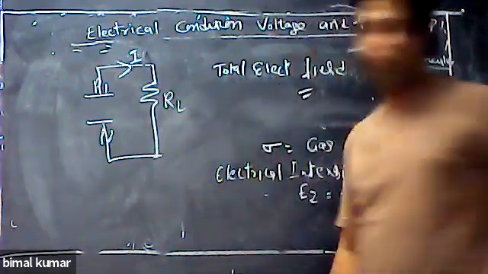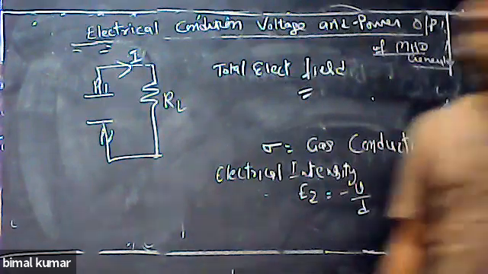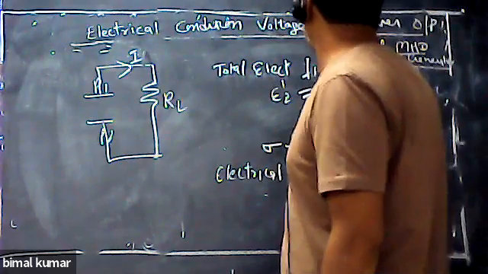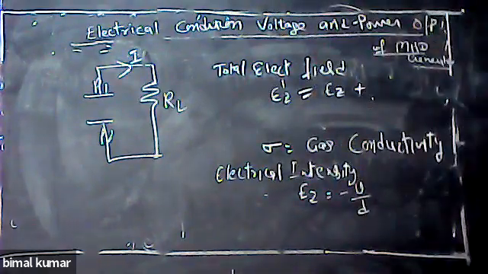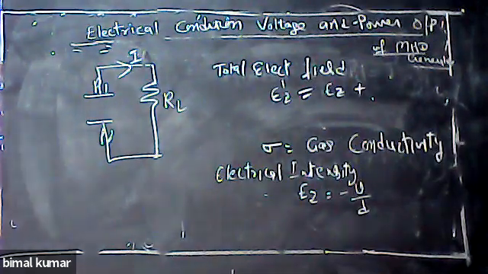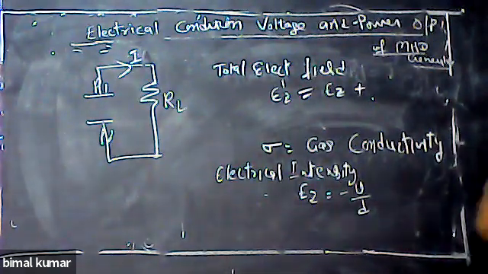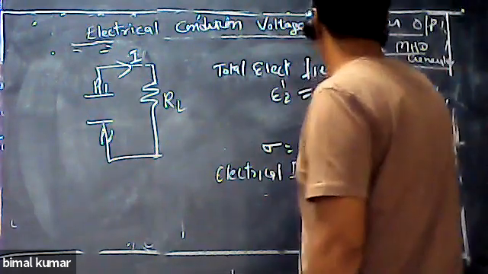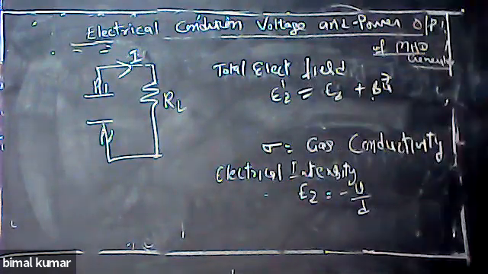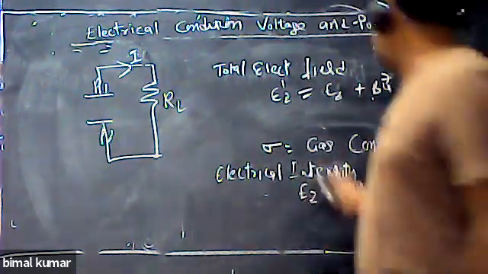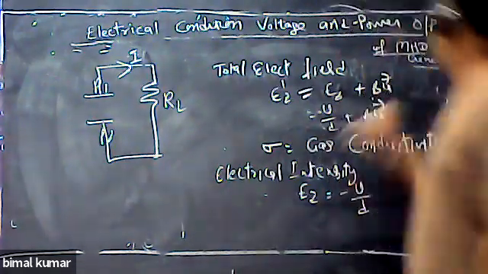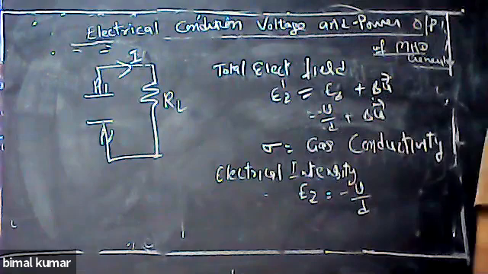Now Ez is equal to minus V by D, so this will be minus V by D plus Bu.